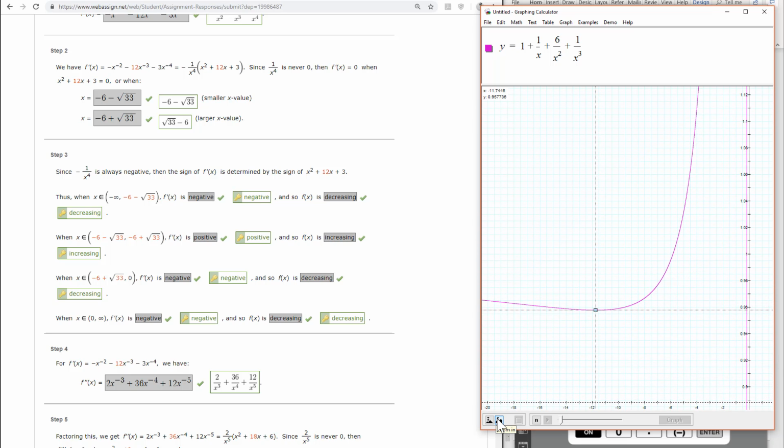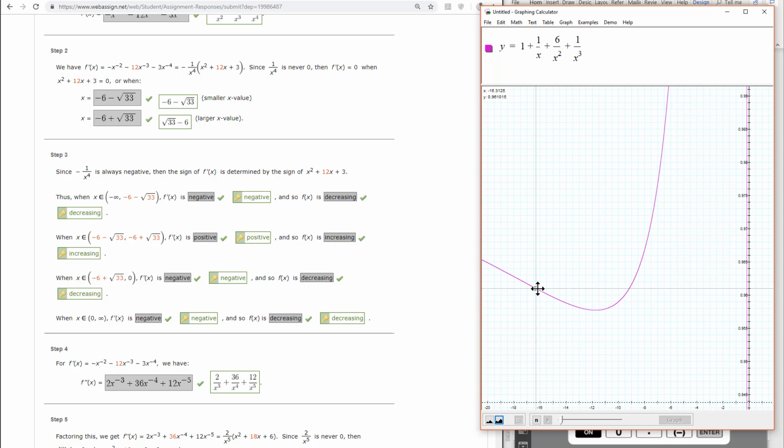If I stretch out the Y-axis enough, you'll see the exaggerated view where the minimum value happens at -11.68 or so, and that's the value of the minimum.